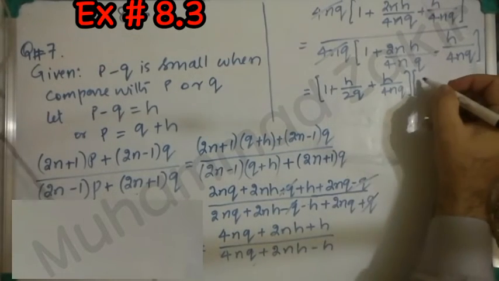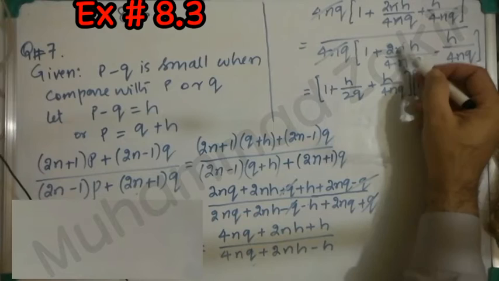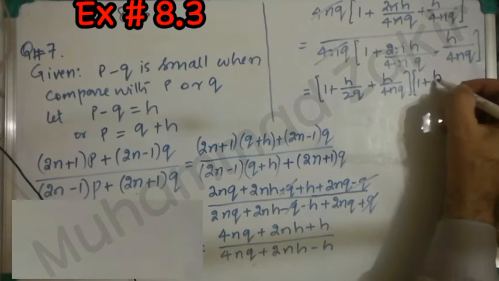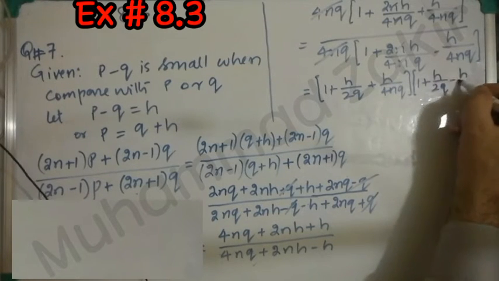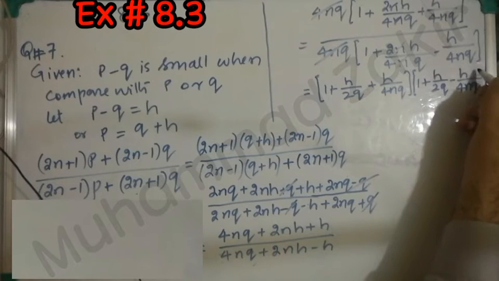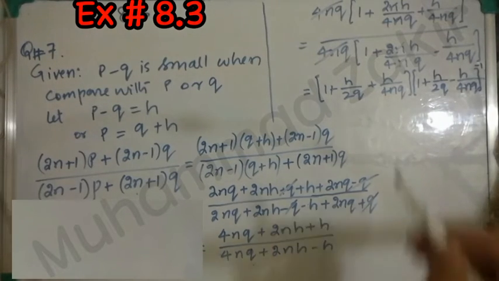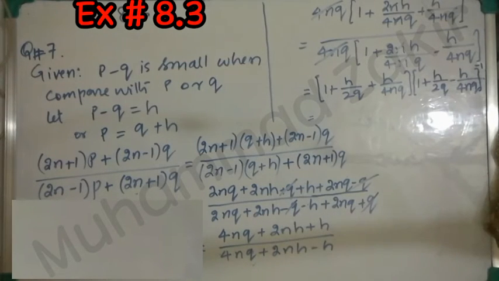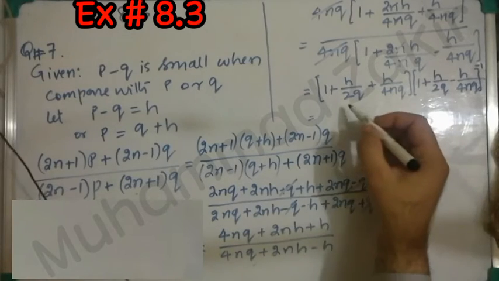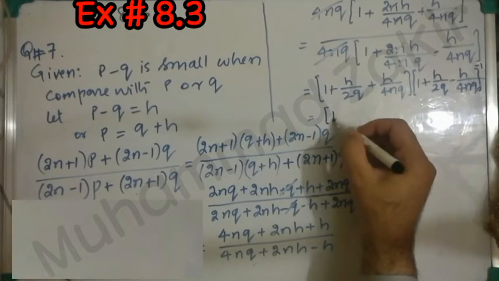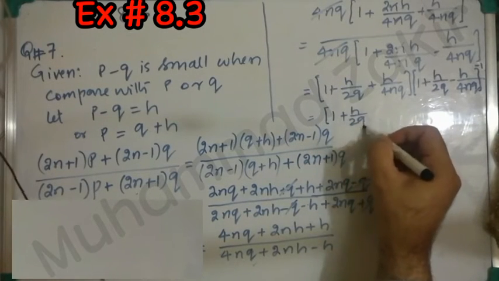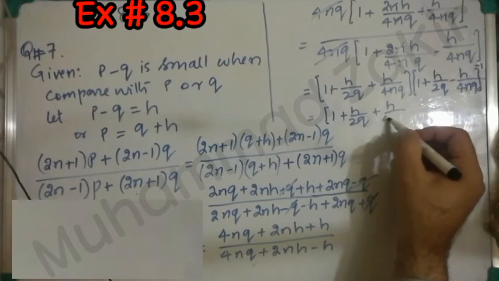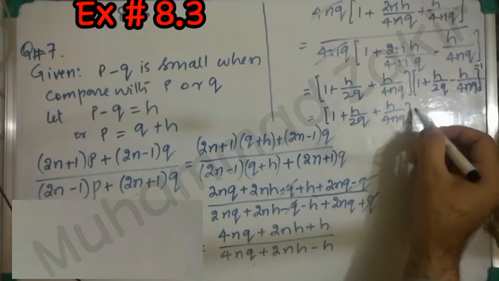This is 1 plus, it is simplified as h by 2q minus h by 4nq. Its power will be minus 1. Now it will be expanded. We write the numerator unchanged: 1 plus h by 2q plus h by 4nq, and then we expand the denominator.